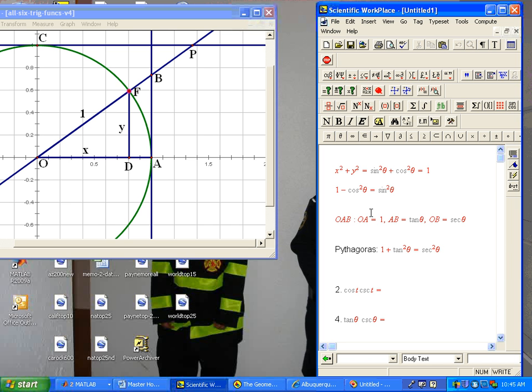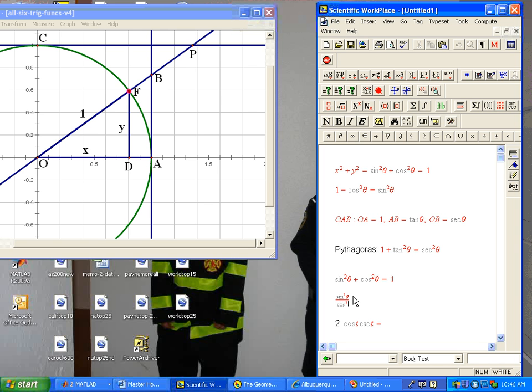Let me show you how, even without that geometry, we could have gotten that by taking sine squared plus cosine squared equals 1 and then dividing everything.